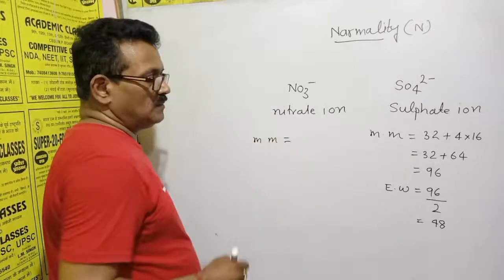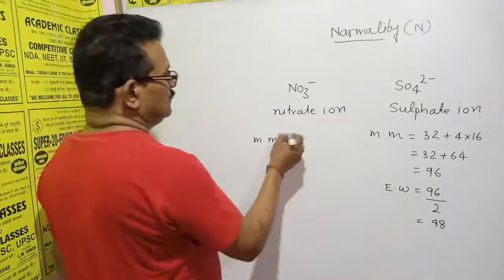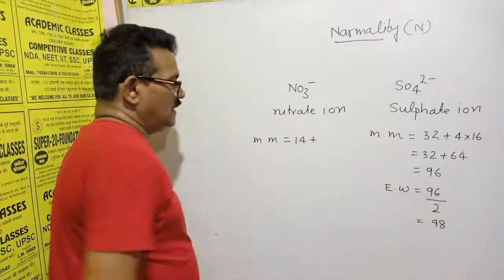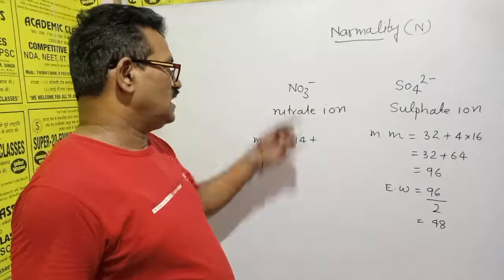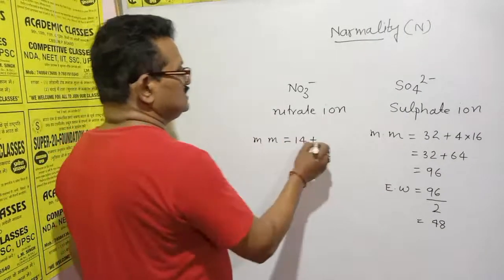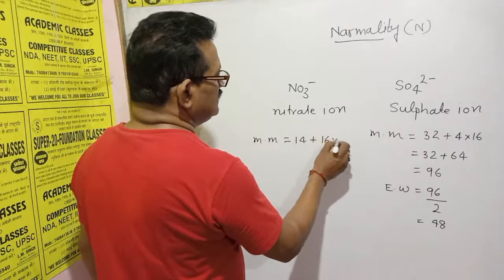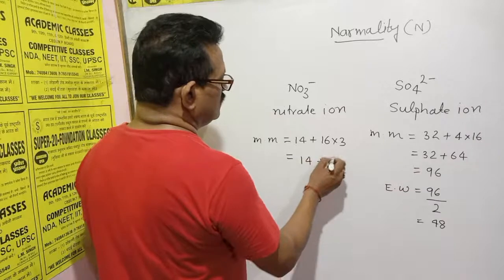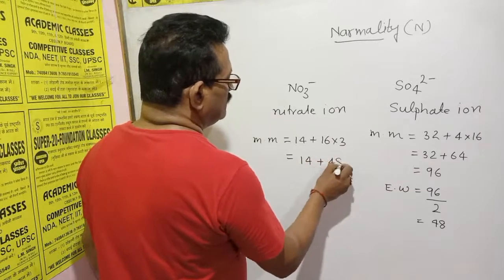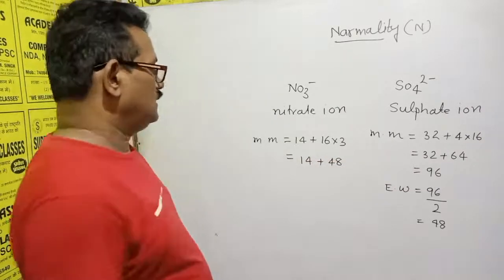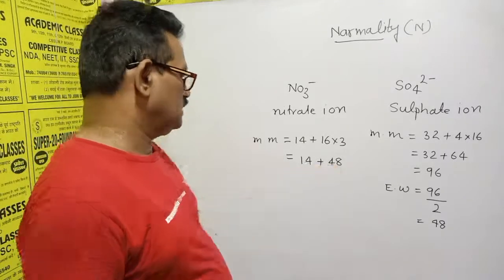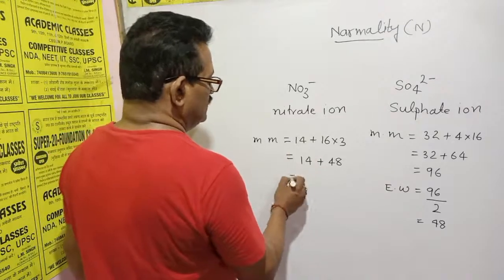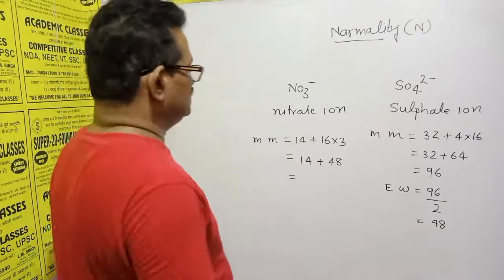You know nitrogen has atomic mass 14 and there are 3 oxygen, so 16 multiplied by 3, which is 48. Then 14 plus 48 is 62.